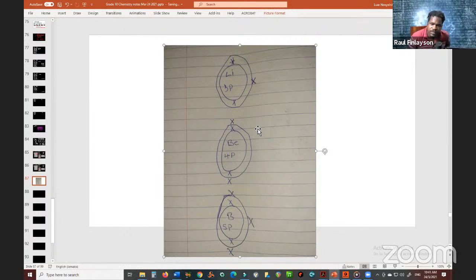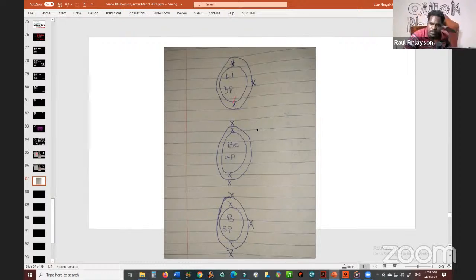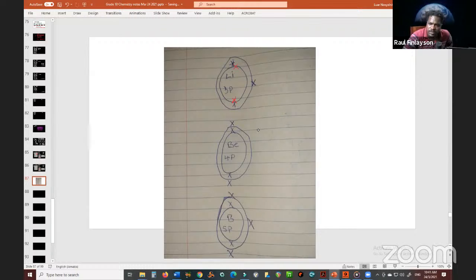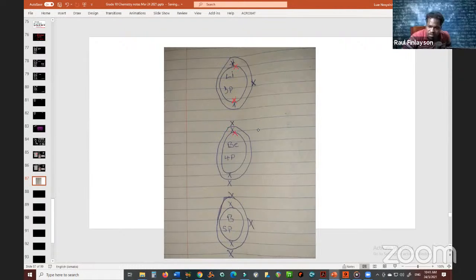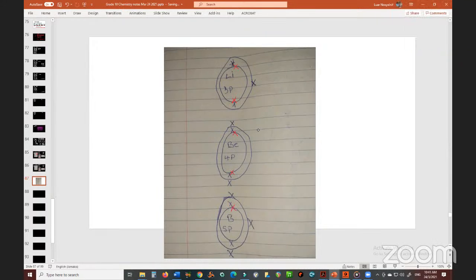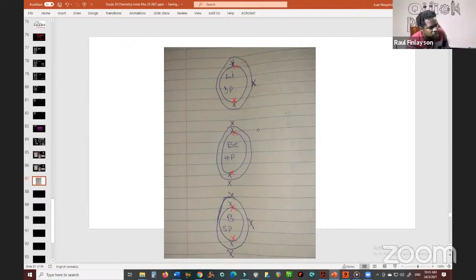So why don't you draw the X's on the shell, O'Neil? If you don't touch the shell, when you do it like this in an exam, they're not going to know what you're trying to say. The X must be on the shell, the electrons are on the shell. When you draw them off of the shell like that, the X's must touch the circle.